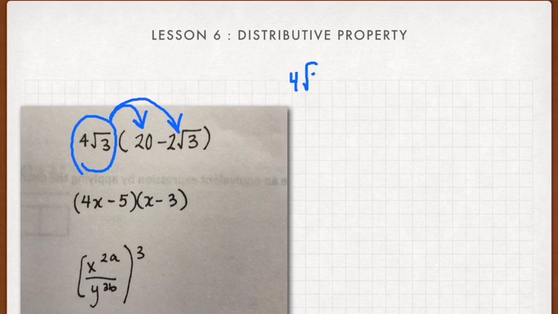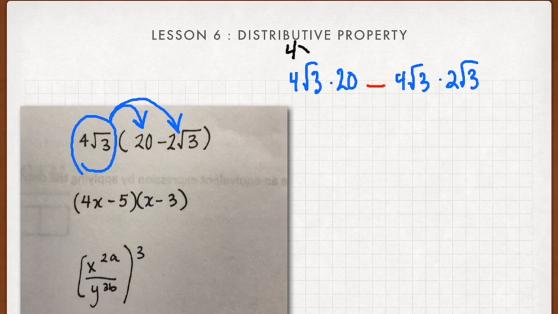I'm going to have 4 square root of 3 times 20, and I'm going to bring my subtraction sign. And then I'm also going to multiply that 4 square root of 3 times 2 square root of 3. And there you have it. Now, in order to simplify this, this works very much like the expressions we had before.